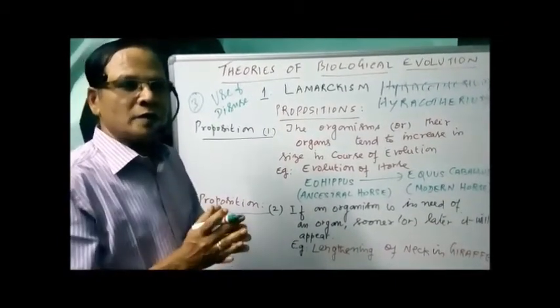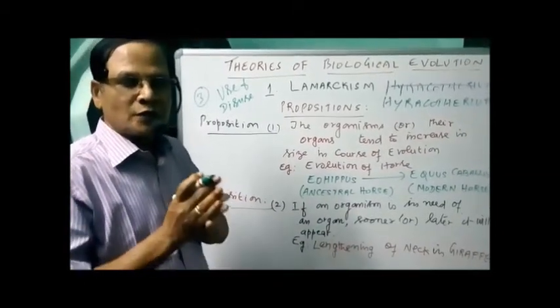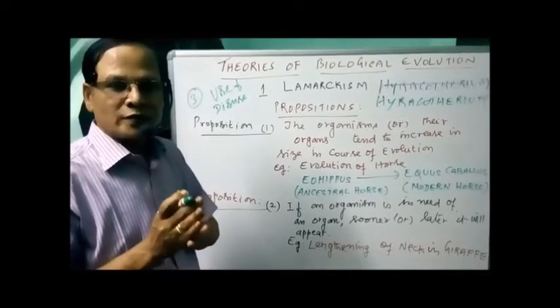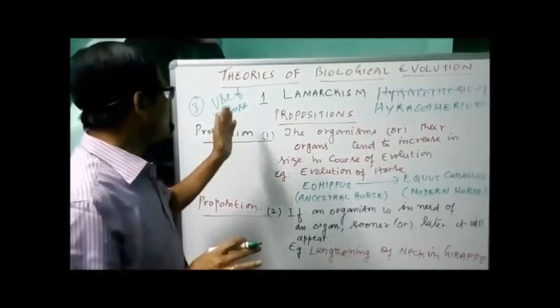If an organism is not using a particular organ continuously, its efficiency decreases, its perfectness decreases, and the organ degenerates. That is called use and disuse.